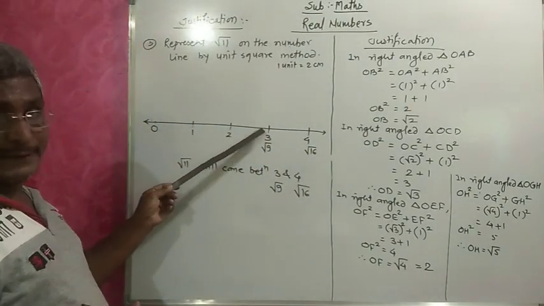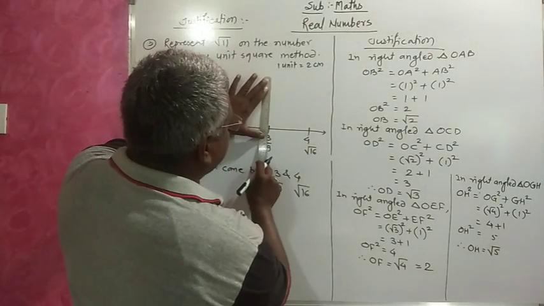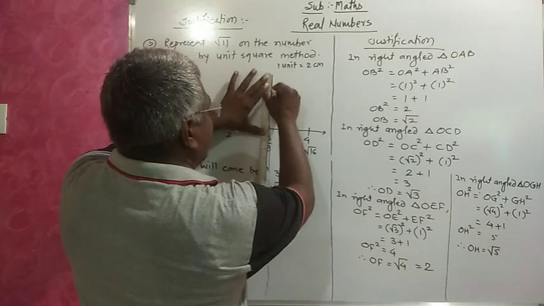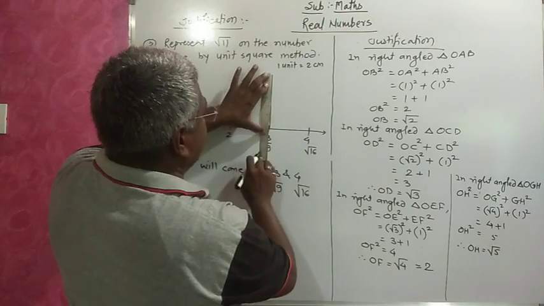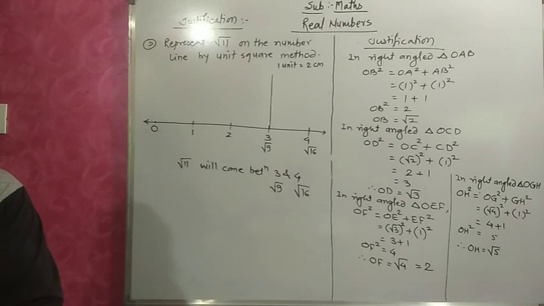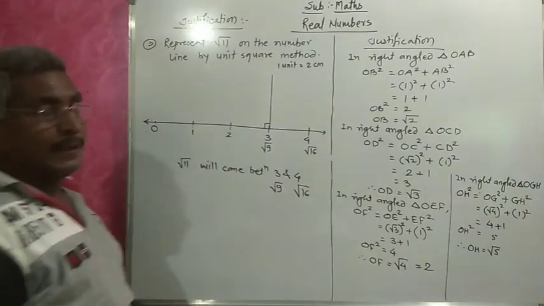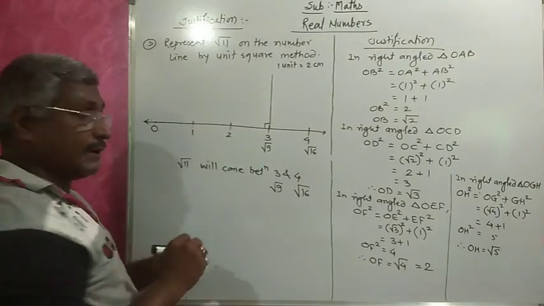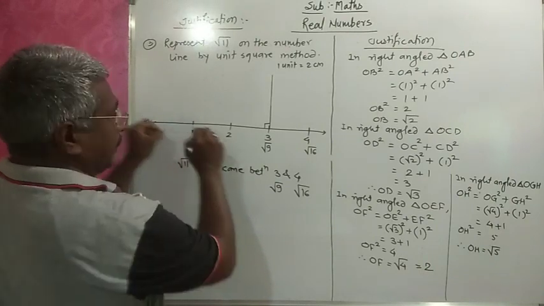So what has to be done? At 3, draw a 90-degree angle with the help of a protractor. Don't forget. Now the perpendicular distance, how much? 1 unit. Don't forget, 1 unit.